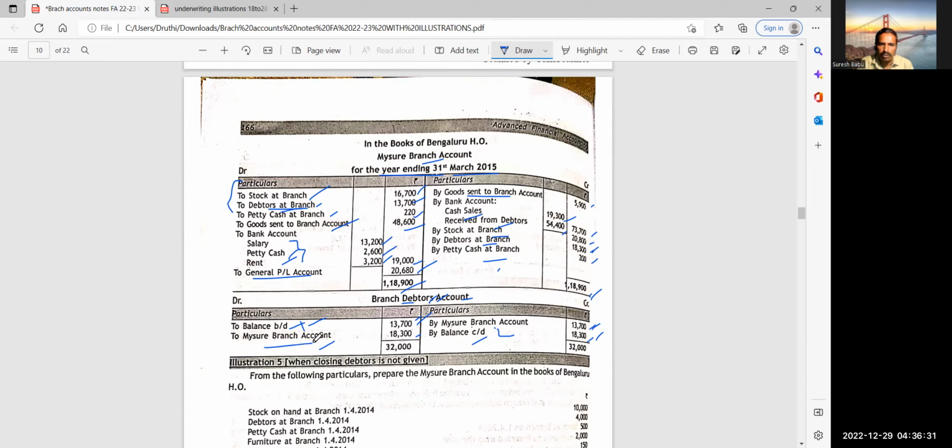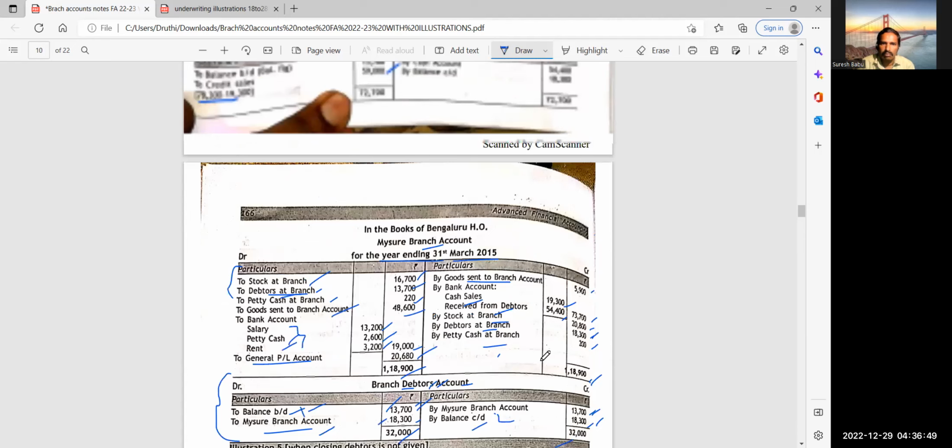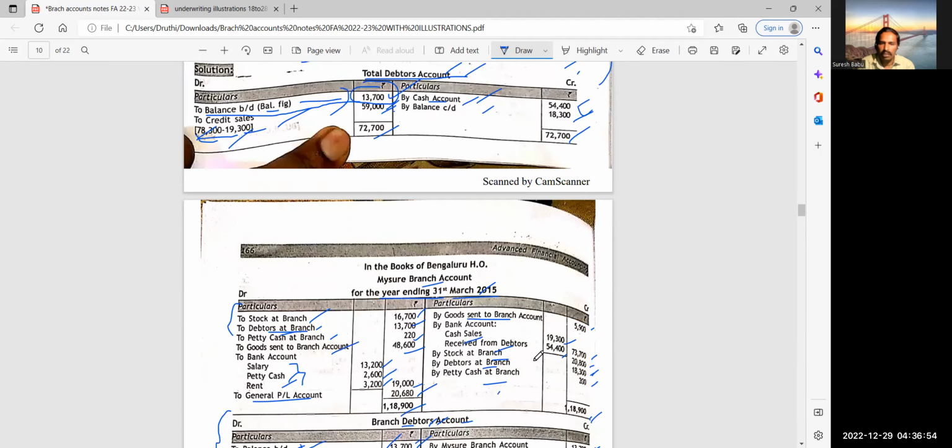Now it is to be debited to Mysore branch. Debit side to be credited, credit side amount to be debited. That's it. What is this? This is opening, this is closing. That's it. This is optional. If you want, you can prepare. Otherwise, you need not. But memorandum debtors and branch account are to be prepared.